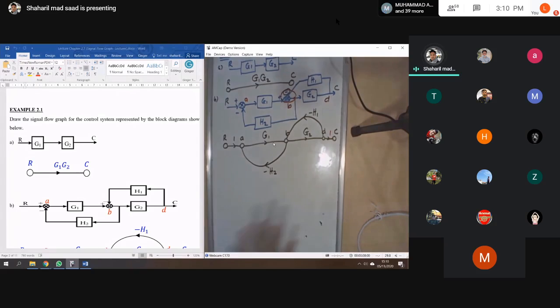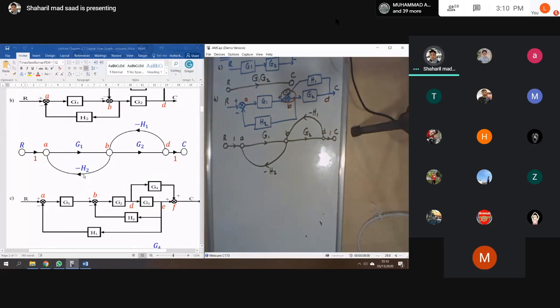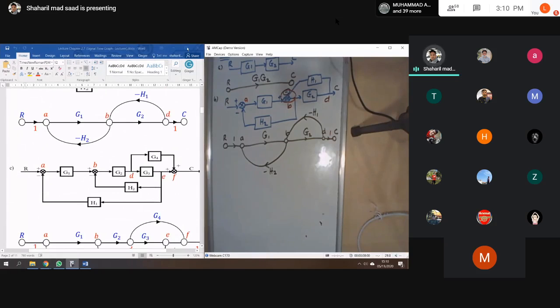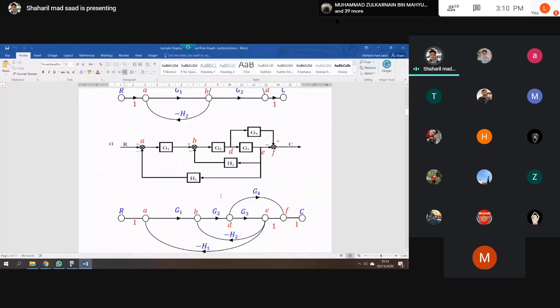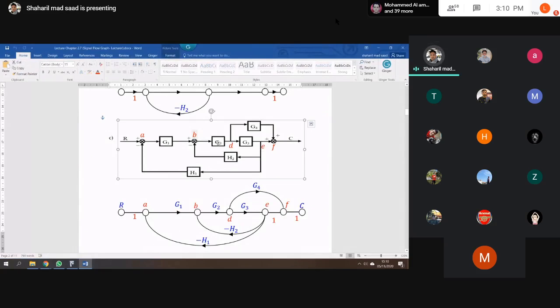Then we want to know how to get the equation from here. I will look at this one first. Now you have one summation, summation number 2, and one junction, and also one junction and summation.